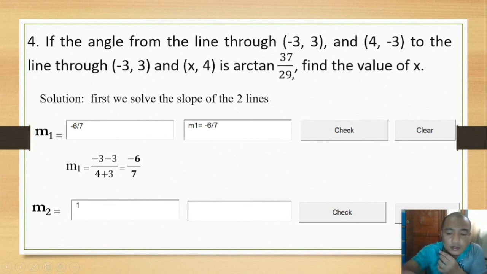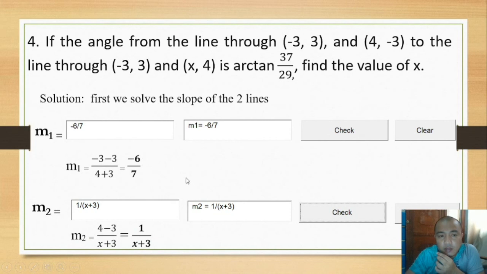So we subtract: 4 minus 3 is 1, and x minus negative 3 is x plus 3. The slope of line 2 is 1 over x plus 3, while the slope of line 1 is negative 6 over 7. Okay? So what will be our next step here?